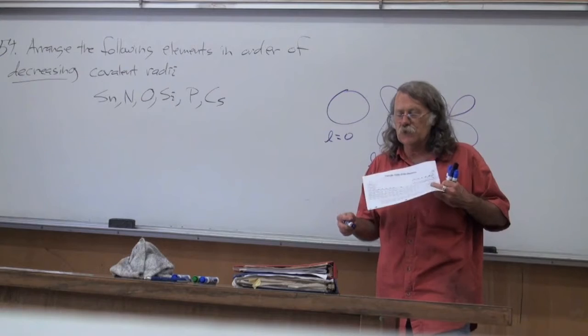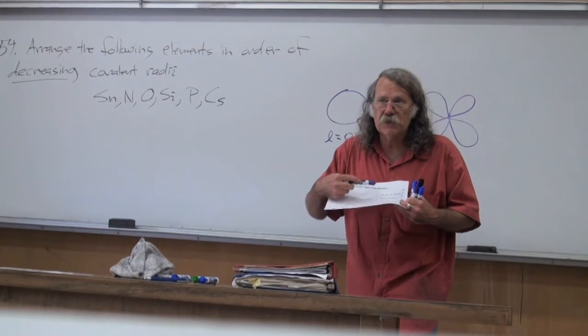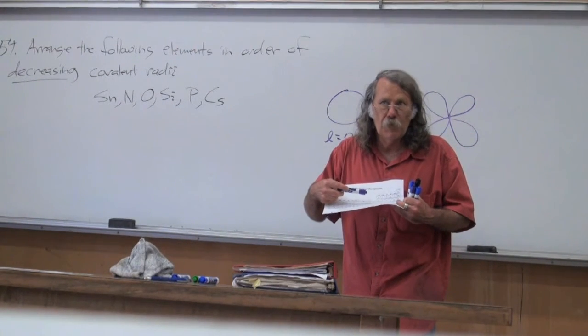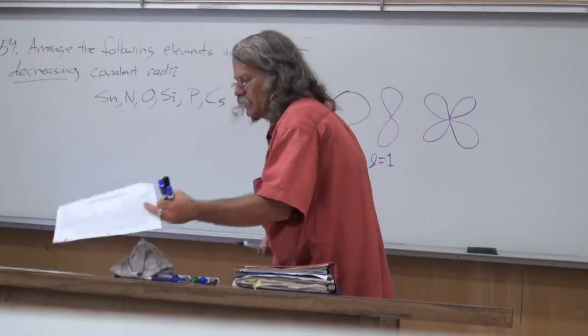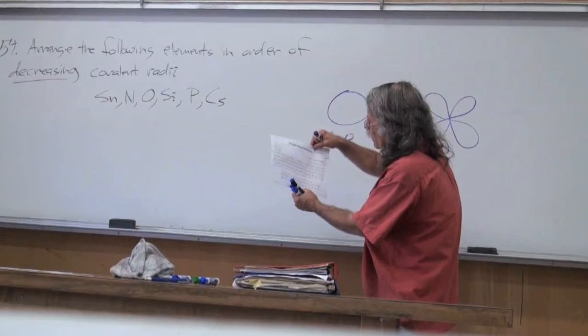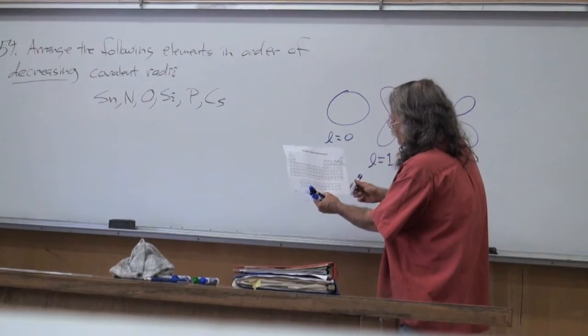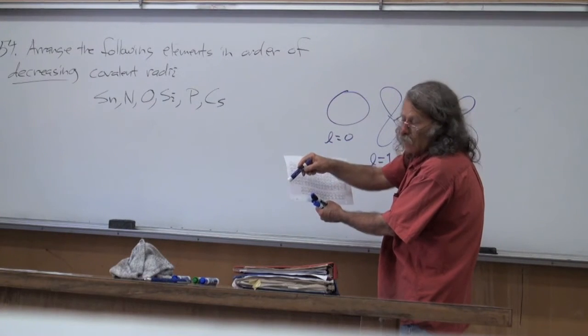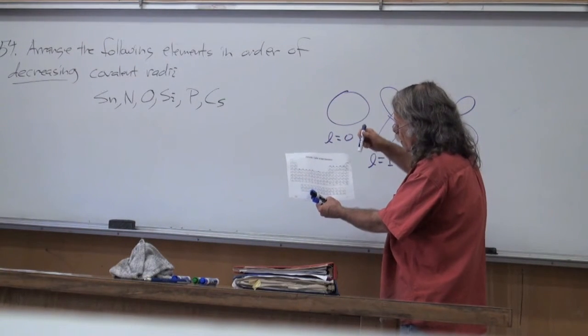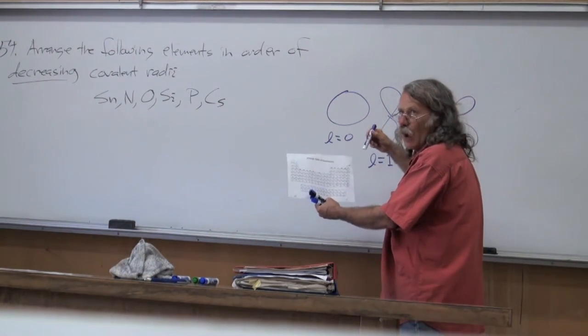So those are the exceptions. I'm not going to test those exceptions, but I want you to know them. What I'm going to test is just going to be in general. The biggest is going to be the one that's furthest down and to the left, and the smallest is going to be the one that's furthest up and to the right.